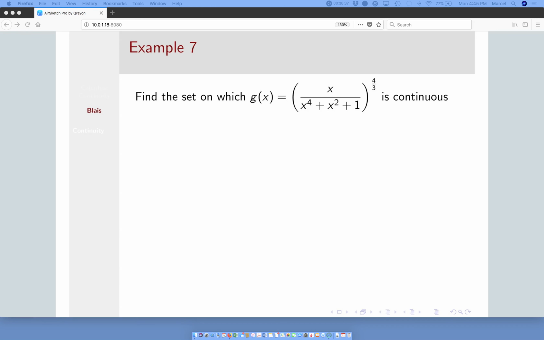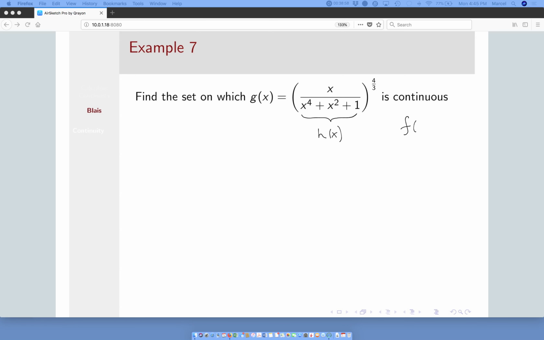Oftentimes we'll see examples like this. Find the set on which this function here is continuous, and this function is the composition. You could call this inner function, maybe we'll call this our h of x.